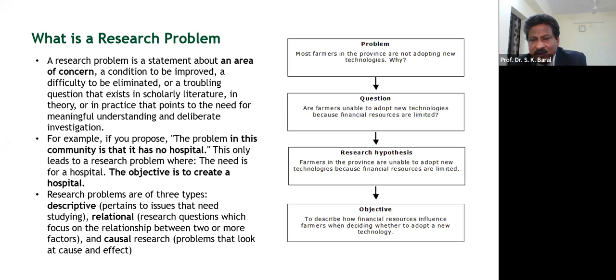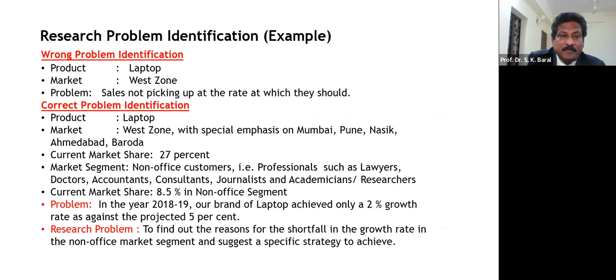Then you will state that the farmers in the province are unable to adopt a new technology because financial resources are limited. You will write this as your hypothesis, if you would like to take a hypothesis. And what should be the objective of your study? The objective is to describe how financial resources influence farmers when deciding whether to adopt a new technology. In this way you should frame it.